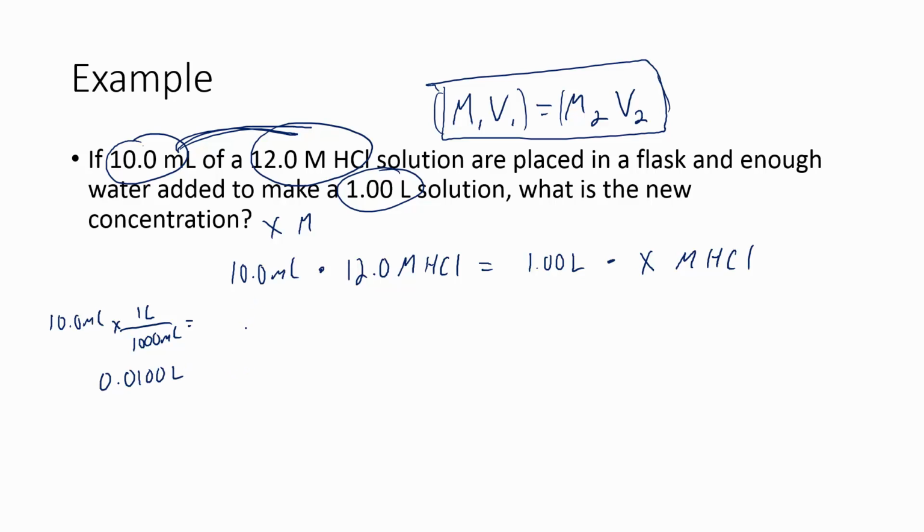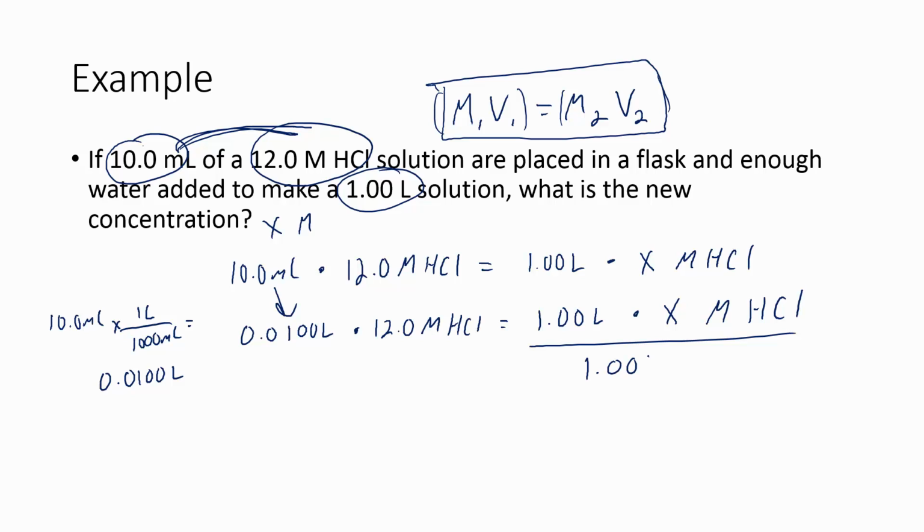So now we can rewrite this as 0.0100 liters times 12.0 molar hydrochloric acid is equal to 1 liter times X molar hydrochloric acid. So an unknown new diluted concentration.